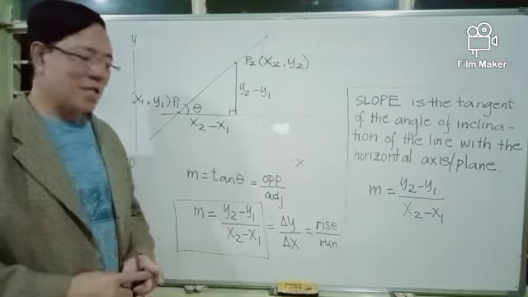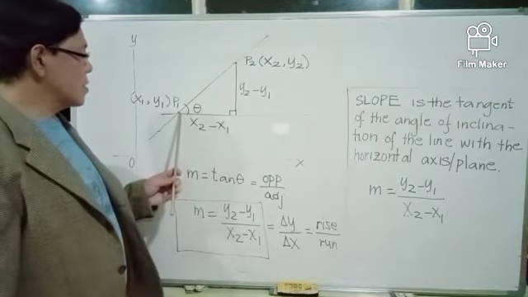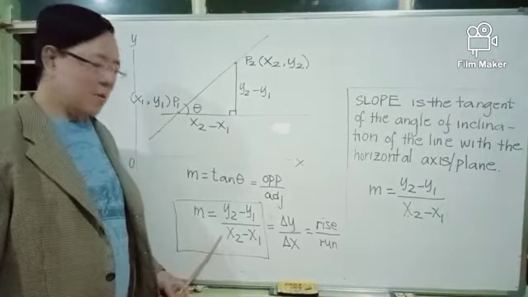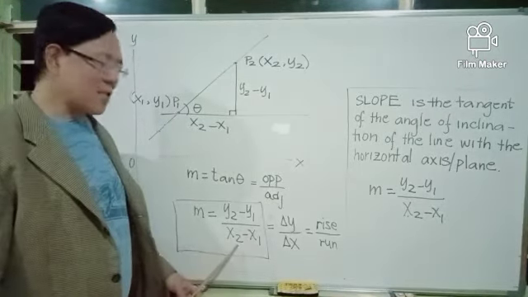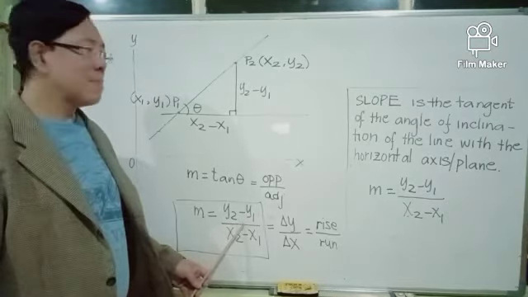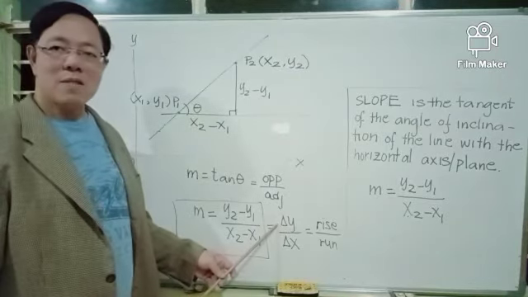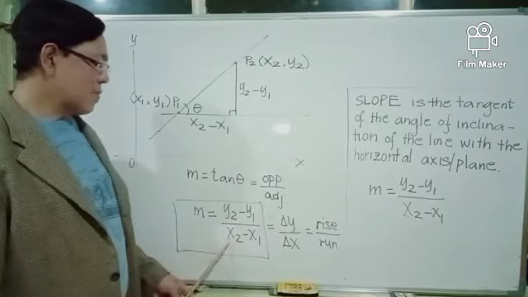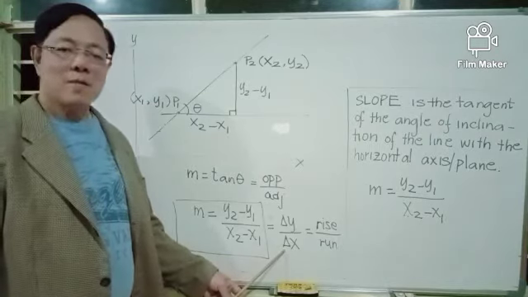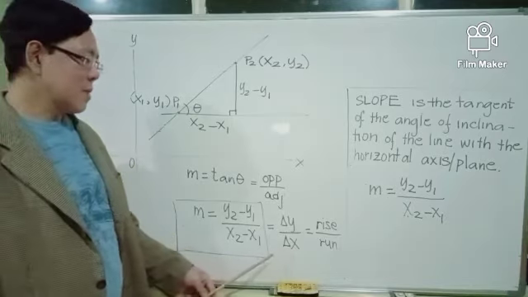Thus, we have shown that the slope of the line passing through these two points P1 and P2 is given by this formula: y2 minus y1 divided by x2 minus x1. The difference between the ordinates of the two points on the line is denoted by delta y, known as the change in y, and the difference between the abscissas of the two points on the line is denoted by delta x, or the change in the values of x.